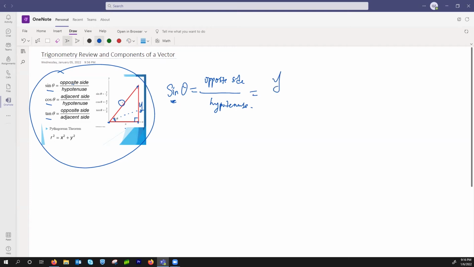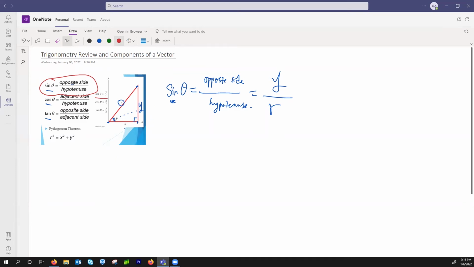That's why it's equal to y divided by r. So if you look at the definition from the left, sine theta is equal to the opposite side divided by the hypotenuse, or equal to y divided by r.